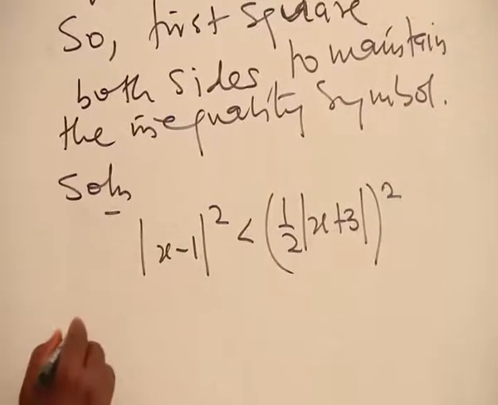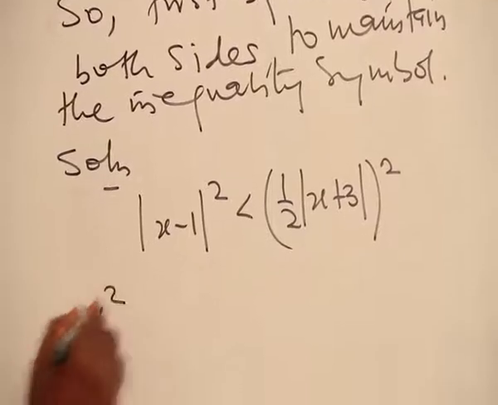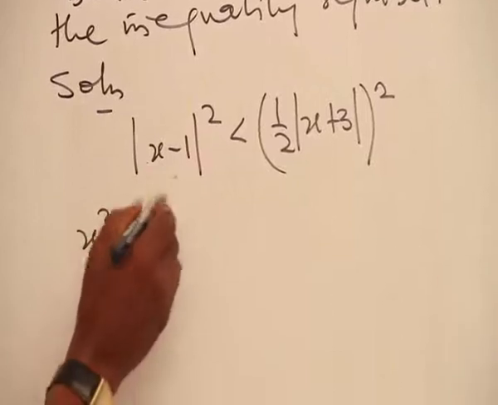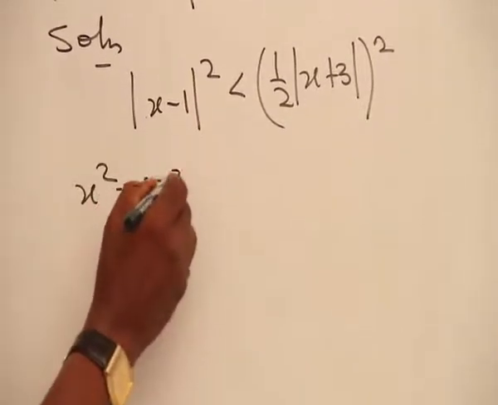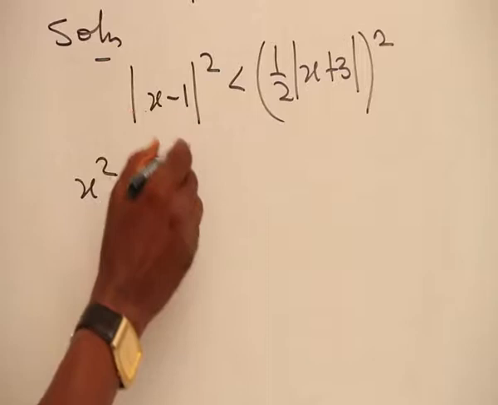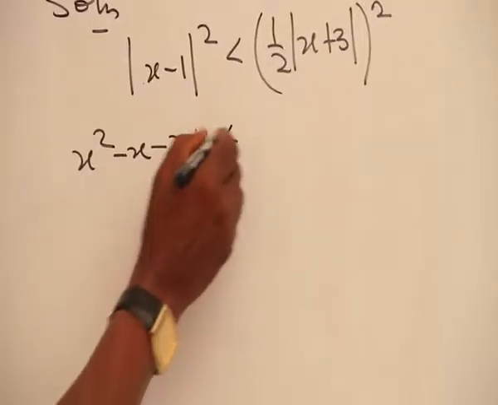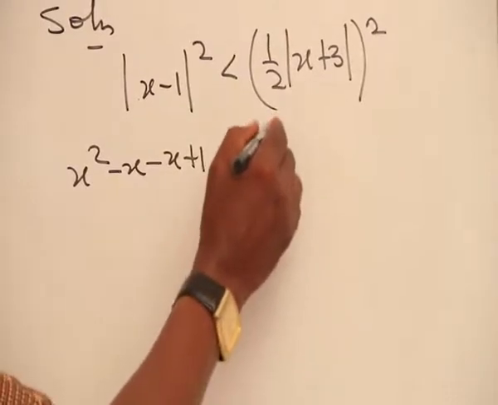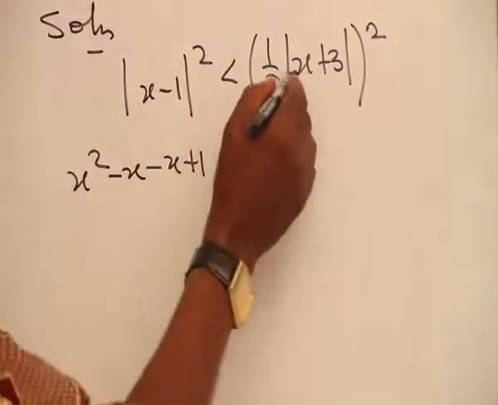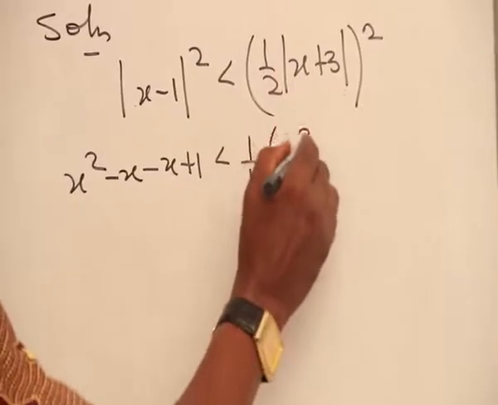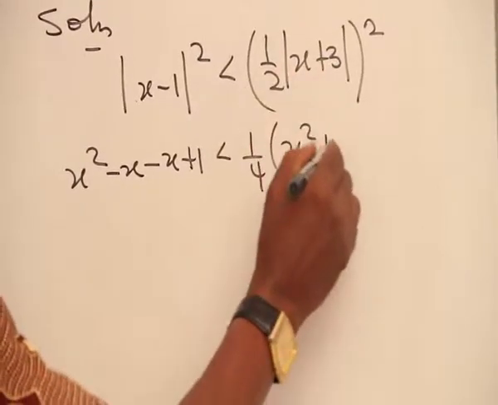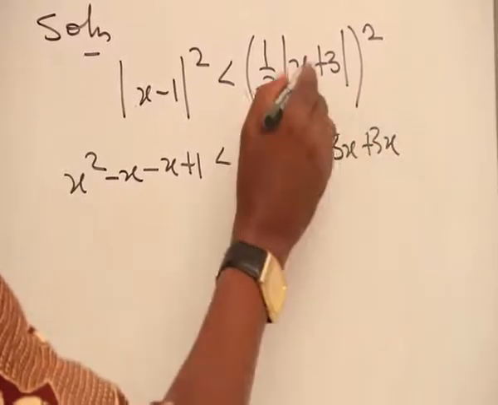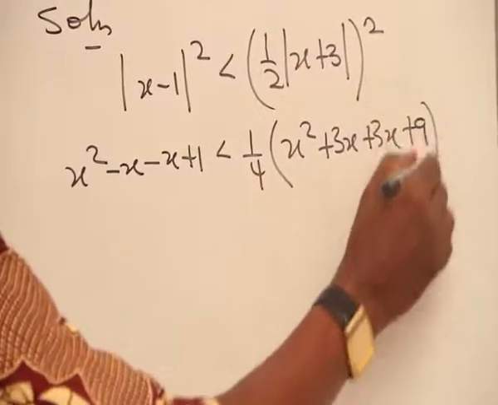So s squared will be s times s is s squared, s times minus 1 is minus s, minus 1 times s is minus s, minus 1 times minus 1 is plus 1, less than half raised to power 2 is 1 over 4, open a bracket, then s times s is s squared, 3 times s is 3s, s times 3 is 3s, and then 3 times 3 is 9, close the bracket.